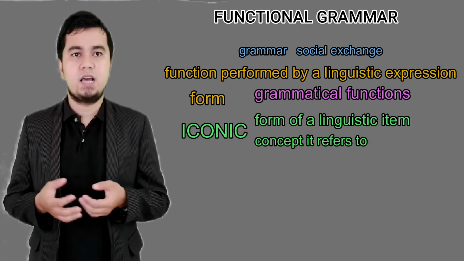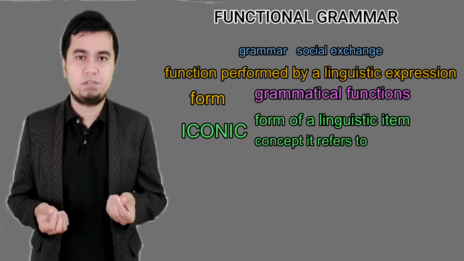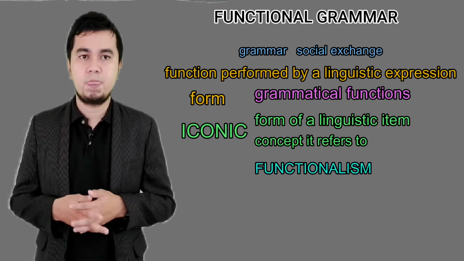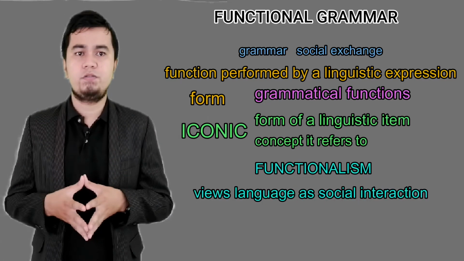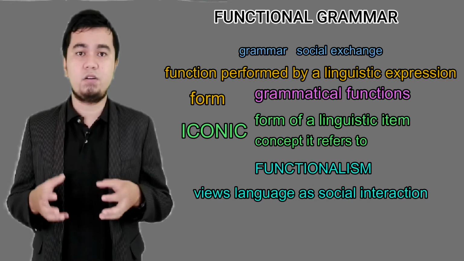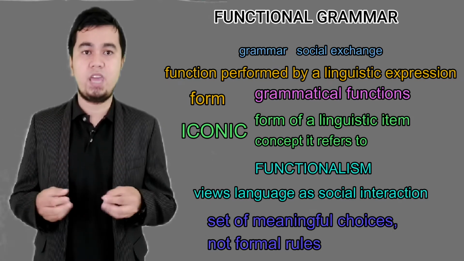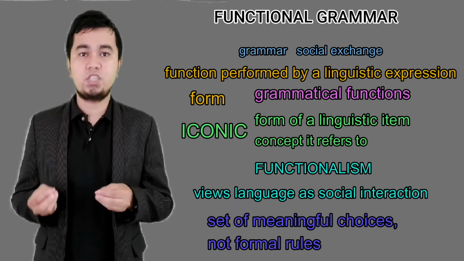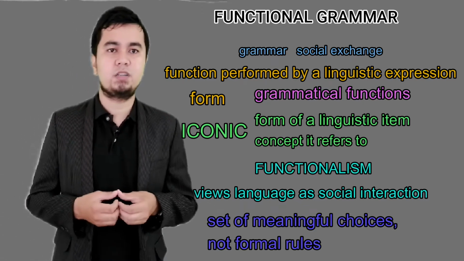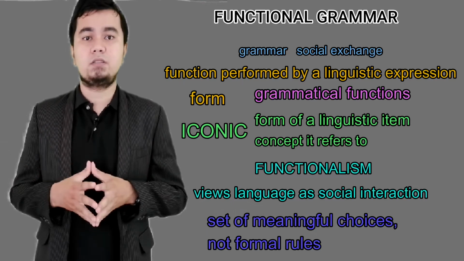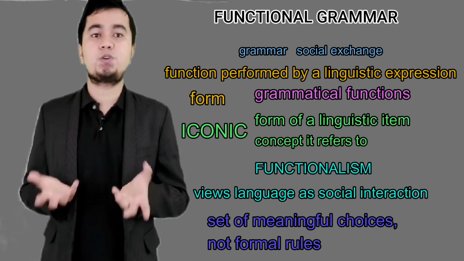It means the functional grammar is based on functionalism, which views language as social interaction. So, we focus here on the set of meaning choices, not on the formal rules, and on the linguistic forms which match them. The aim of functional grammar is to take account of contextual factors which influence the linguistic structure.